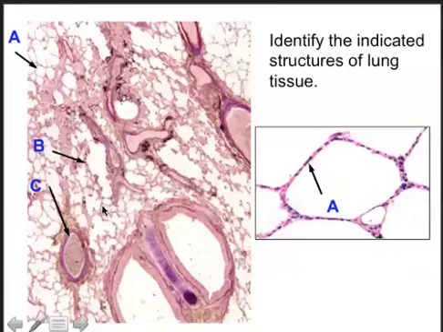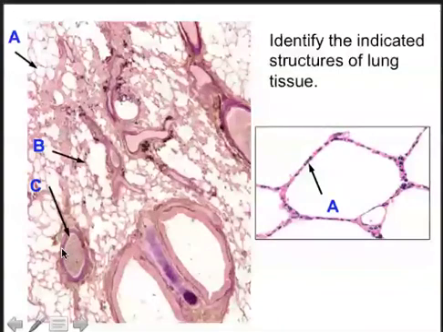B is pointing to a respiratory bronchiole. Now, how can you tell that it's a respiratory bronchiole? Well, the chamber is larger, and it's also lined with a cuboidal epithelium, and it also has just the tiniest bit of smooth muscle in it. C is pointing to a blood vessel.